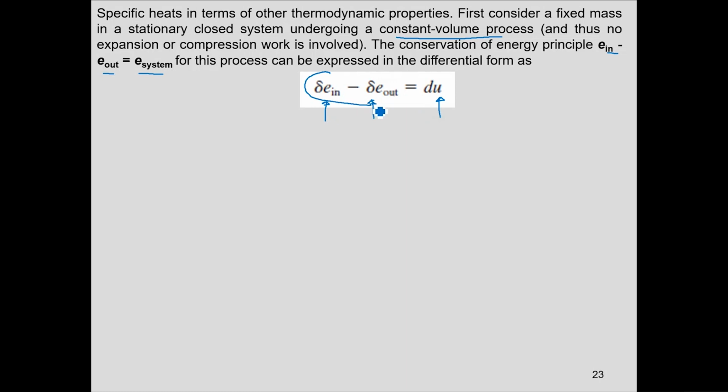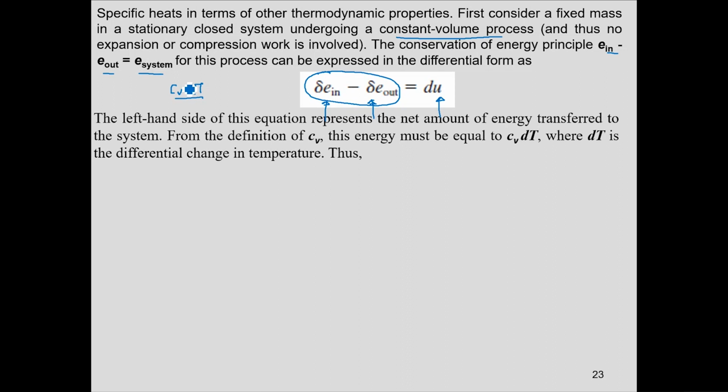Now, this net energy which is moving into the system is what? It is nothing but CV multiplied by dT. So the left hand side of the equation represents the net amount of energy that is transferred to the system. From the derivation of CV, this energy must be equal to CV dT.